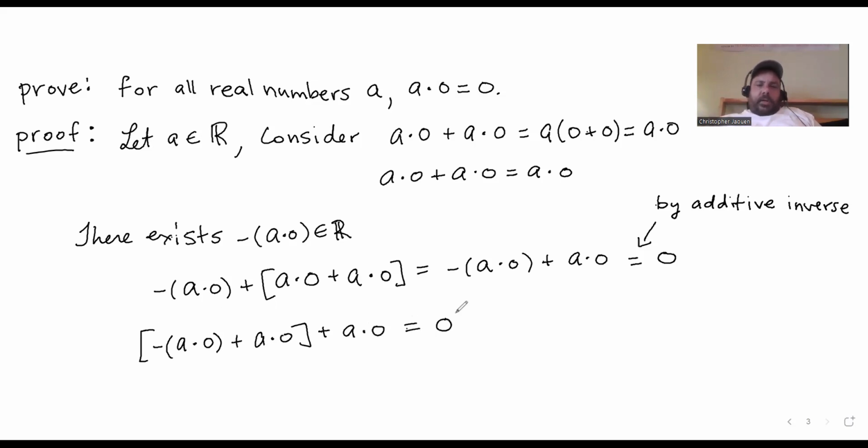On the left-hand side, okay, that's equal to 0. And then again, by the additive inverse property, this thing in the brackets is 0. And remember, when you add 0 to anything, it doesn't change the value. So this says that A times 0 is equal to 0, and that's what we wanted to show. Right, and that's using the distributive law and the fact about additive inverses.